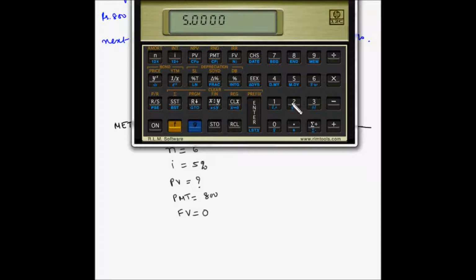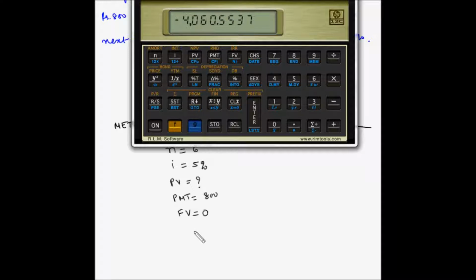Payment is 800, so we'll first do 800 and then click on payments. Future value is 0, so 0 is the future value. And now we have to click the button that we want to find the value for, so present value. So we'll click this and the answer comes to 4060.55.